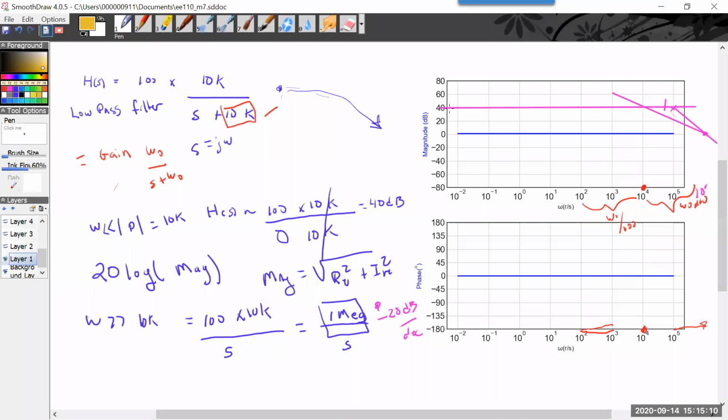And then the combined plot, what I'm trying to highlight is that. Okay, so that's the magnitude. This is minus 20 dB per decade in pink. All right.